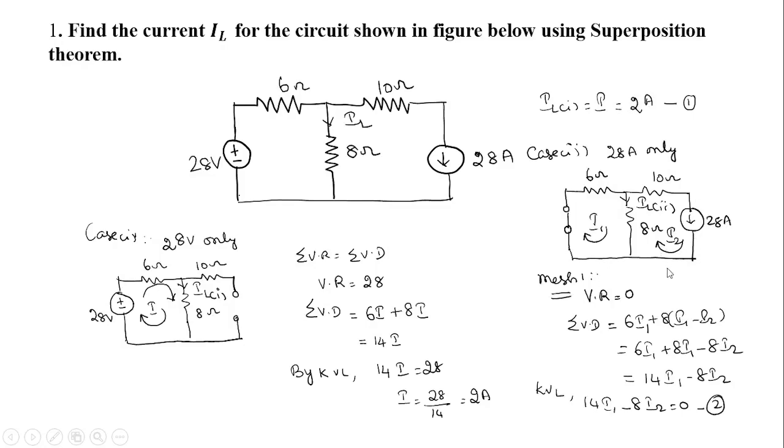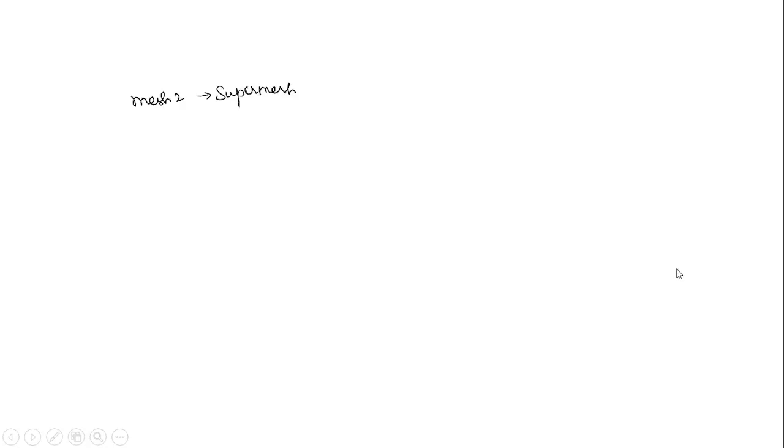If you see the direction again, this I2 is assumed in the clockwise direction, so it will flow in the downward direction. The direction of I2 and the current source are in the same direction. So we can directly equate I2 to 28. So we can write I2 is equal to 28 ampere. This is equation number 3.